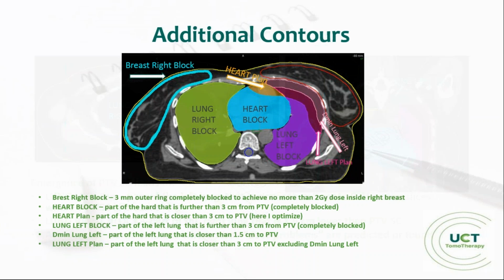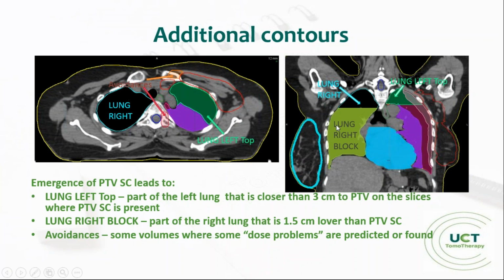So here you can see that I also created lung right block, and this structure was completely blocked, and it was maybe 5 slices in inferior direction from PTV supraclavicular, because when PTV supraclavicular emerges, it leads to some dose inhomogeneities, I would say.